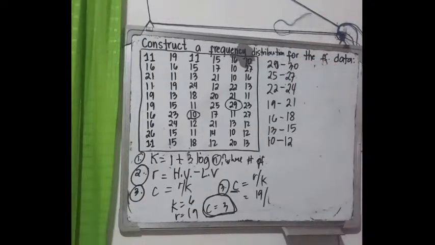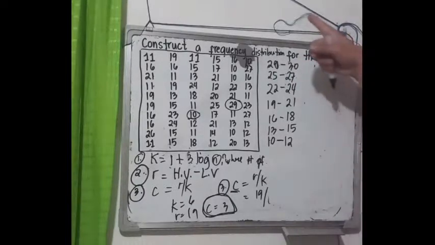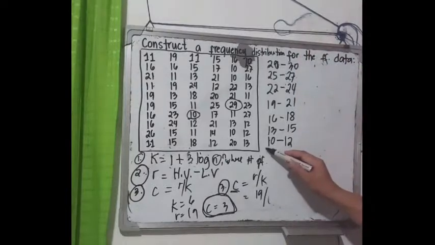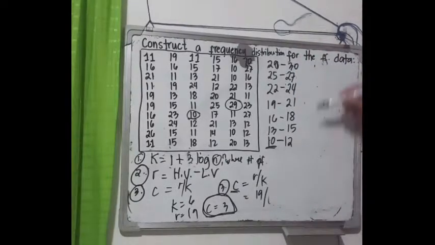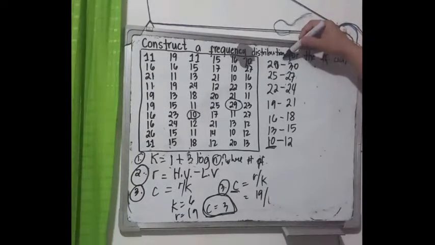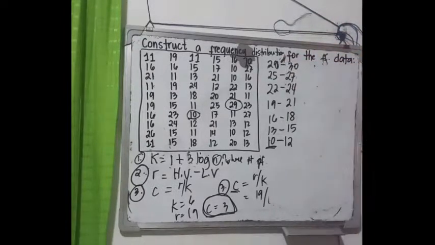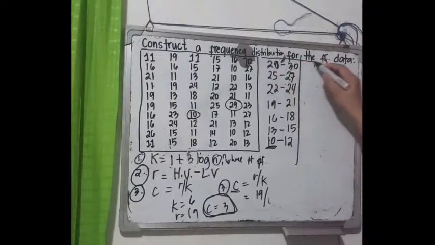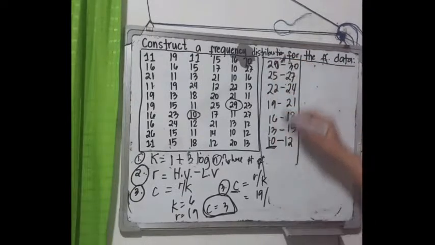So these are our class limits, from the lowest value until the highest value, that is 29, which belongs here.